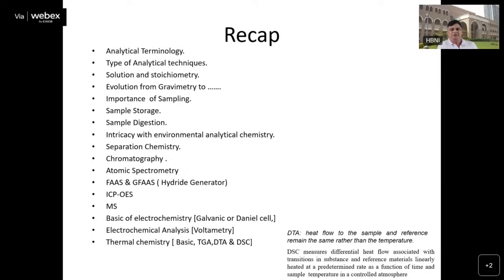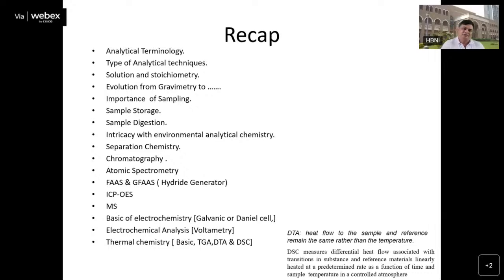So one has to take care, and we have discussed many cases in which the analyte gets adsorbed on the container, or an analyte may come from the walls of the container also. And in the case of gases, if proper precautions are not taken, they will react with the atmospheric gases, like the case of sulfur dioxide that we have seen.